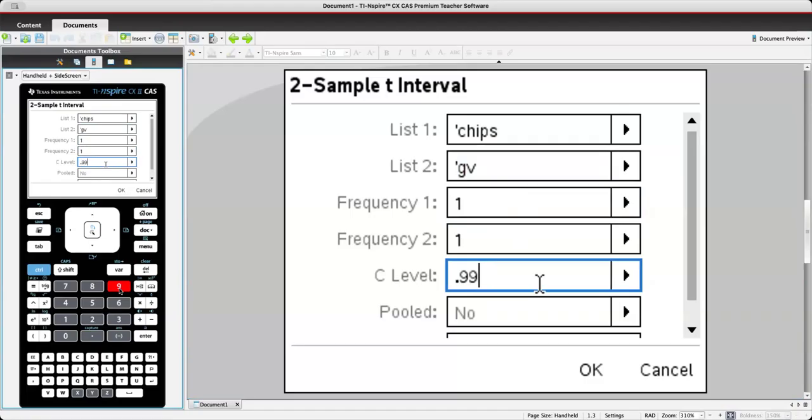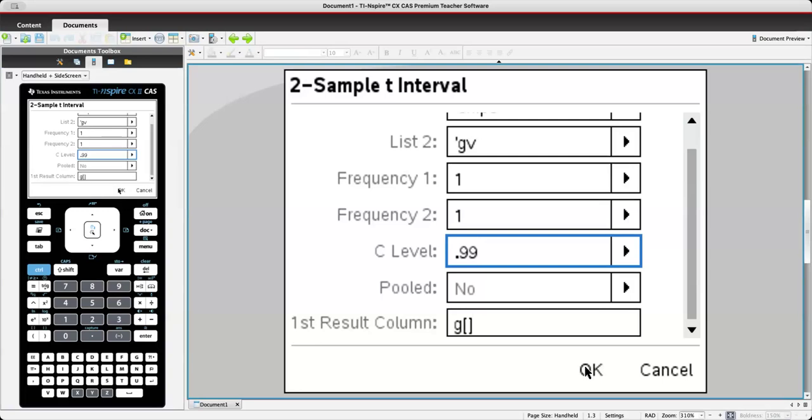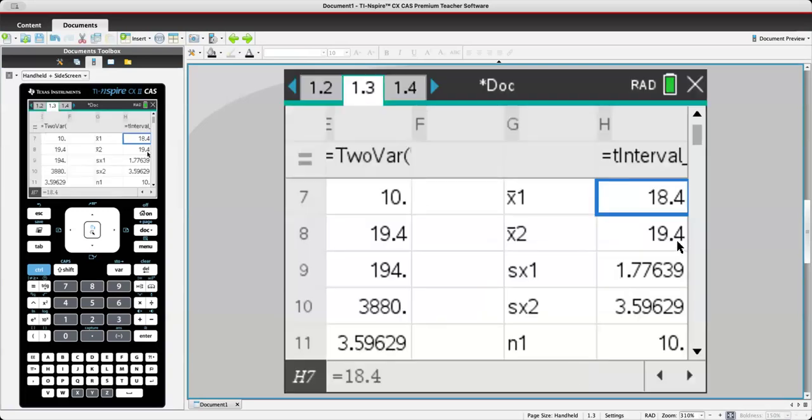And then it's going to ask you whether you want to pool or not. And so for right now, we just say we are not going to pool. No, don't pool. Okay, maybe we'll talk a little bit about that later, but for right now, no pool. Okay, so pooled is no. And then I'm going to hit OK.